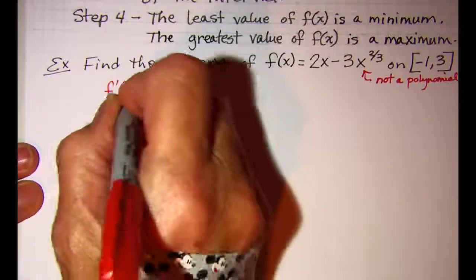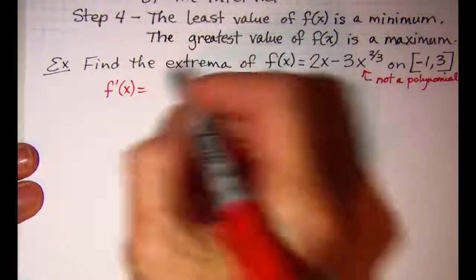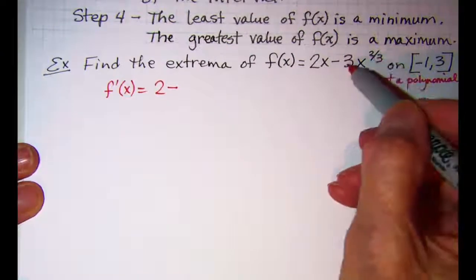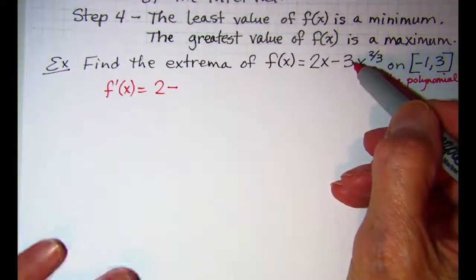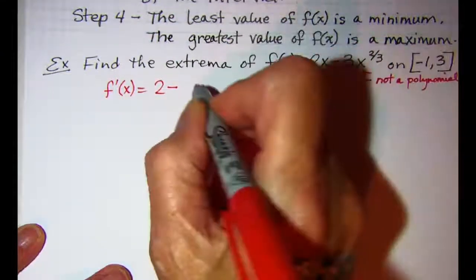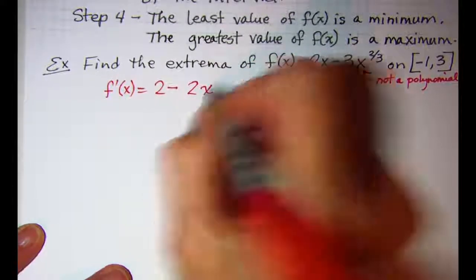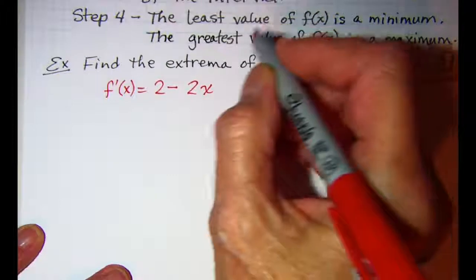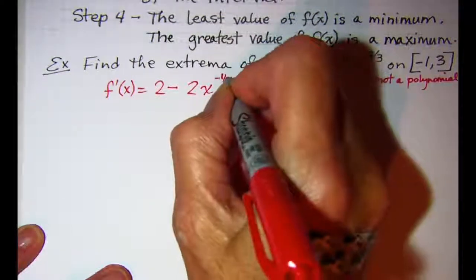F prime is equal to 2, subtract, and we just use the power rule, 2/3 times 3 is 2, and then subtract 1 from the exponent, so I have -1/3.